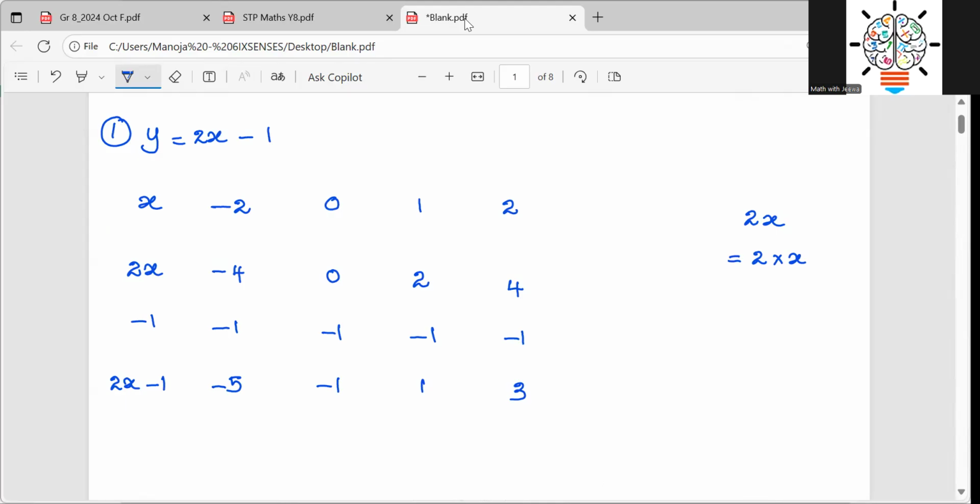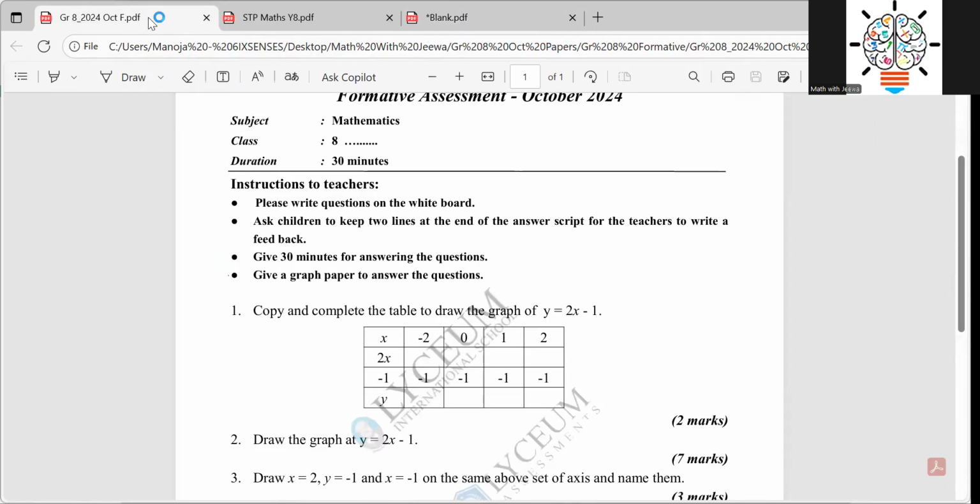It is simply y. You just write y here: -5, -1, 1 and 3. Now you see that 2x - 1 is exactly equal to y. But this step, which I did additionally, they have not given you, right?